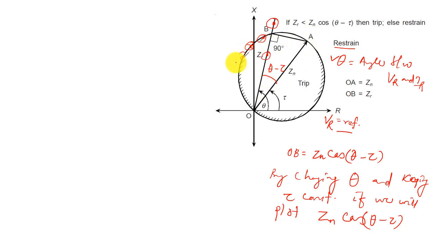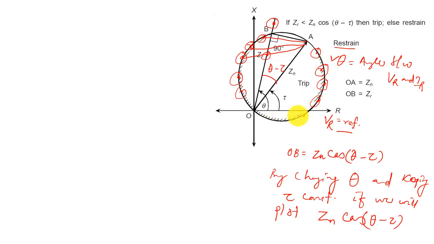So if theta changes, it will make these points, and if we plot for all theta and connect all these dots, it will make a circle like this.